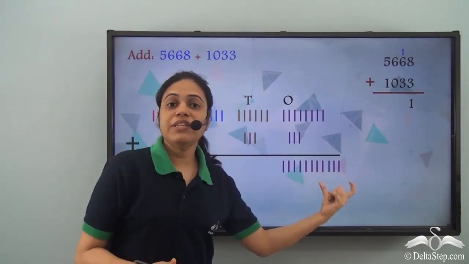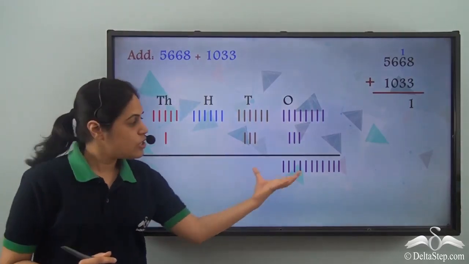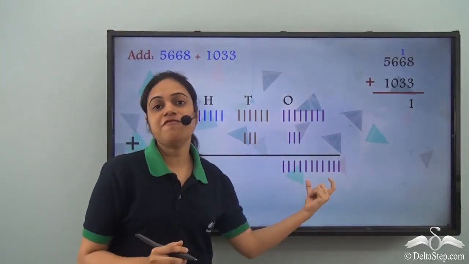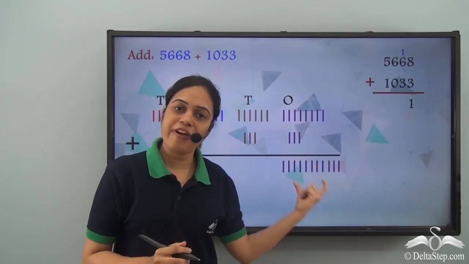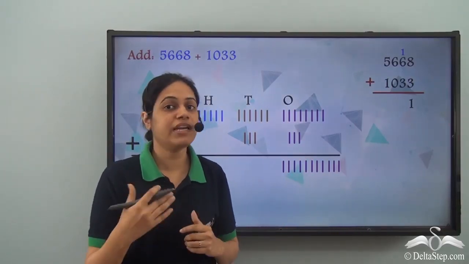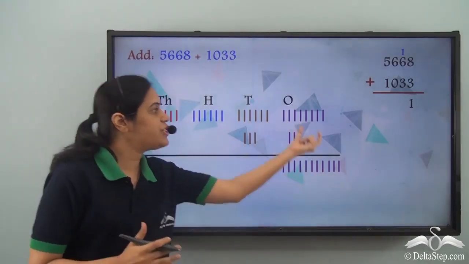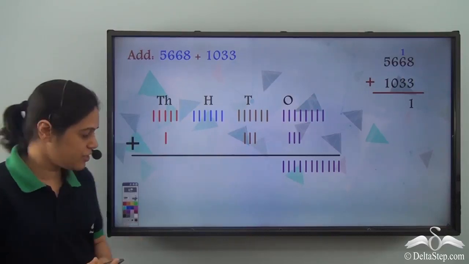Now I know that 10 ones is equal to 1 tens. So I cannot have more than 9 of anything in one place. As soon as I have 10 of anything, it shifts to the place on the left.